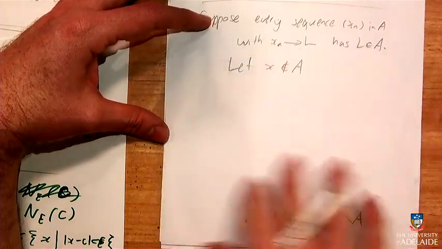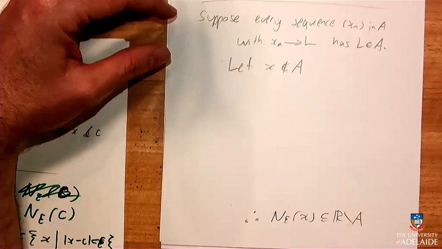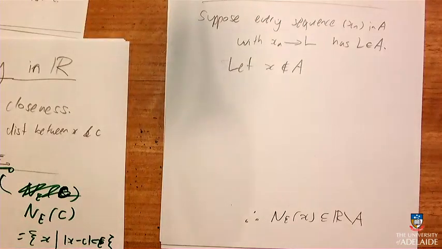So at some point I say what epsilon is. I have a feeling that epsilon's going to be how far away x is from the nearest point of A. Oh, no. Crap. I don't know yet.